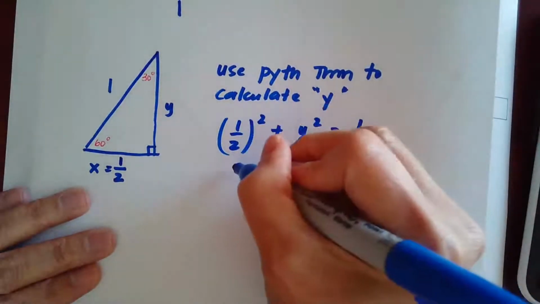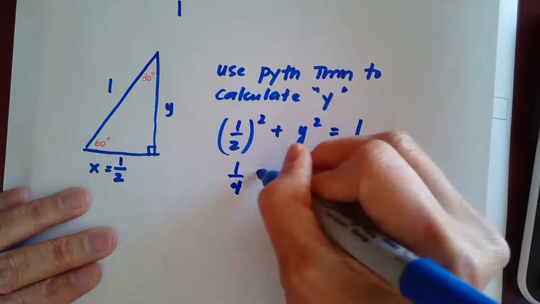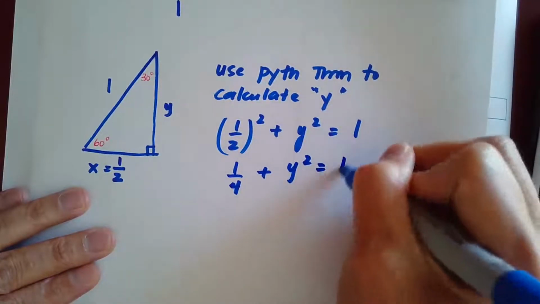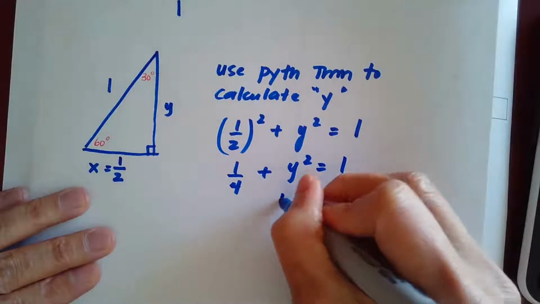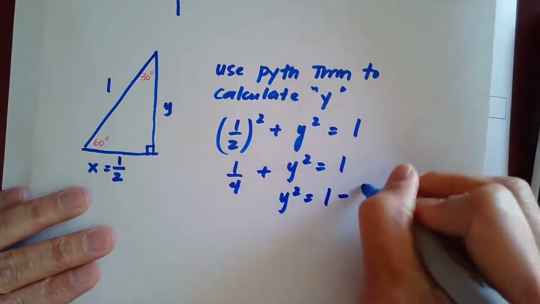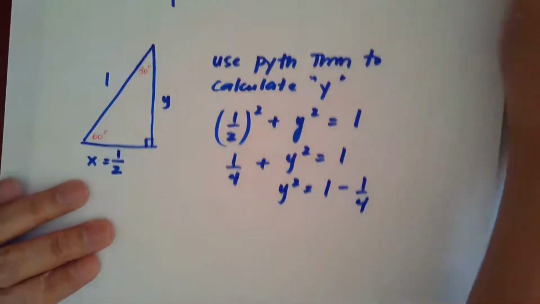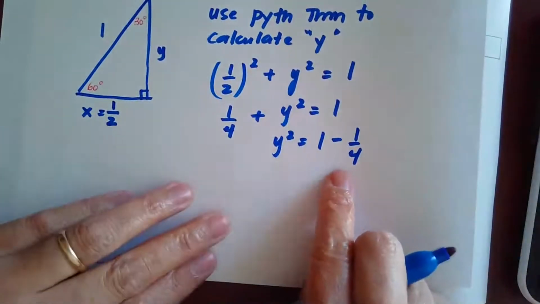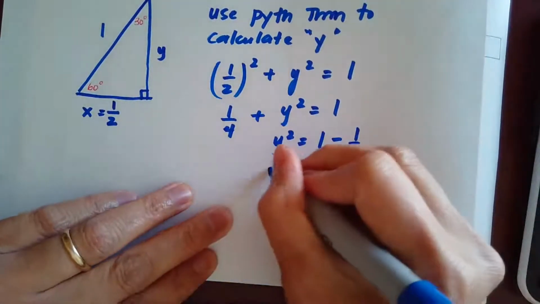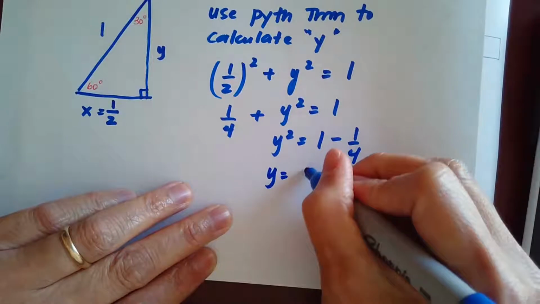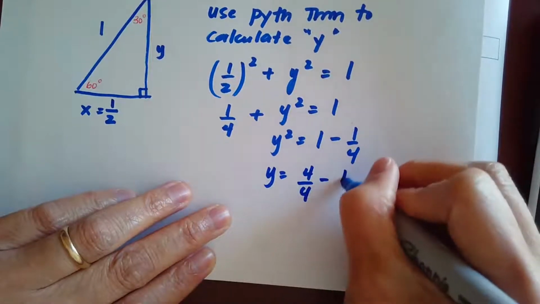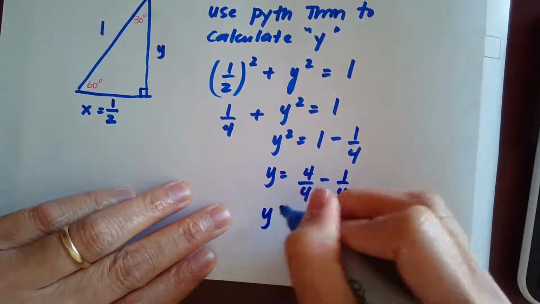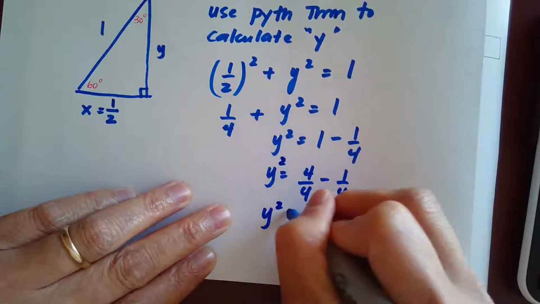So that's going to give me 1/4 plus y squared equals 1. So bring the 1/4 to the other side: y squared equals 1 minus 1/4. We have to have the same denominator here, so 4/4 minus 1/4.